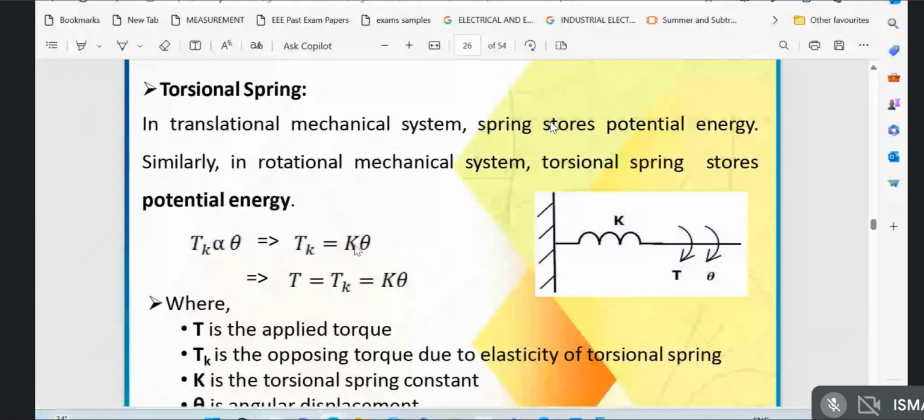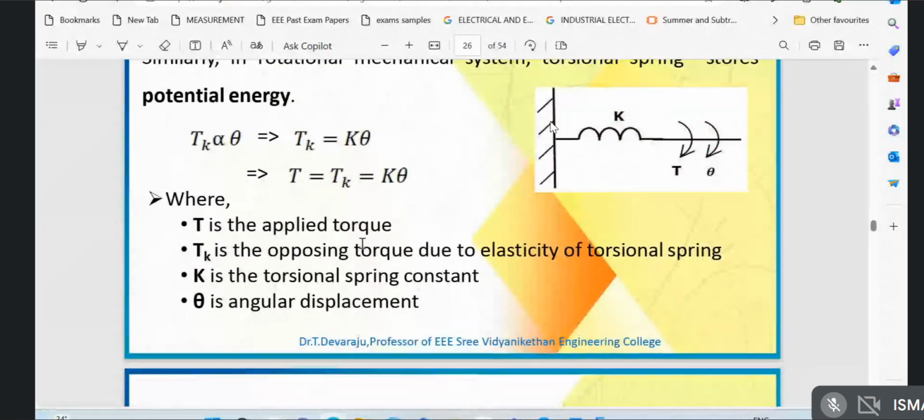By the third law, T is equal to Tk, which is equal to k theta, where T is the applied torque, Tk is the opposing torque, k is the torsional spring constant, and theta is the angle of displacement.